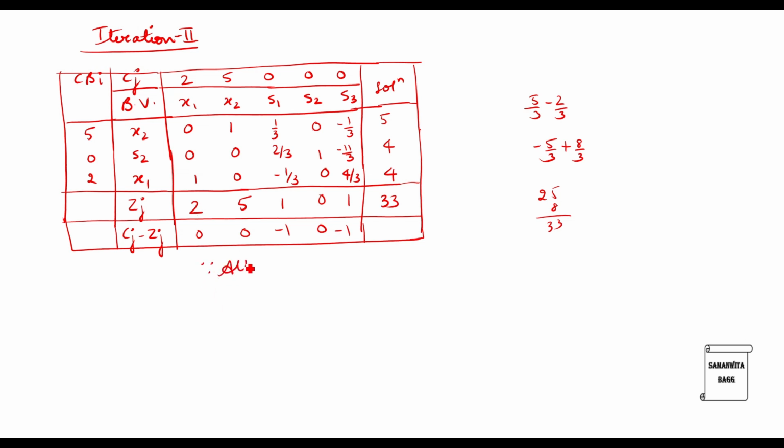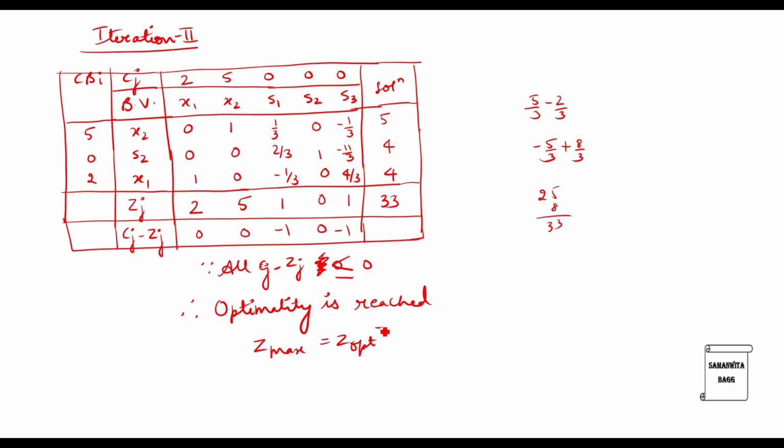Since all Cj minus Zj are less than or equal to 0, therefore optimality is reached and Z optimum, or Z max, whatever you want to write, this value is going to be 33, where the value of x2 is 5 and x1 is 4.